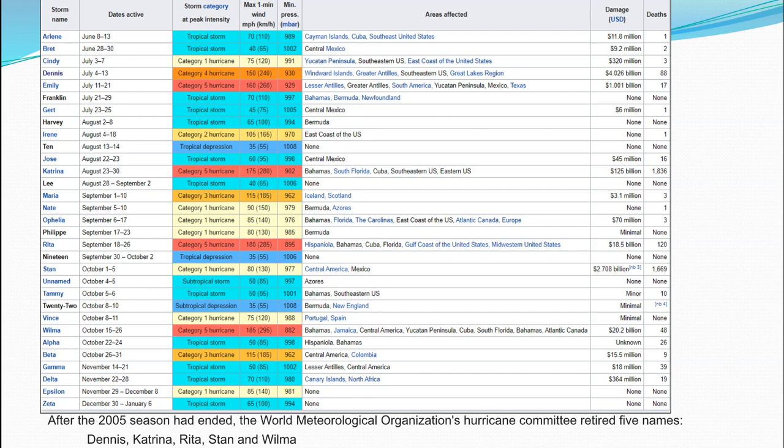If you look, there's a few names on the list that have been retired since too, when this has rotated through. So Harvey is off of the list. If you remember, Hurricane Harvey hit the Houston area not too long ago. And also Hurricane Maria. Those are two names that have been taken off since as well. We'll talk about the year of those storms here coming up too.